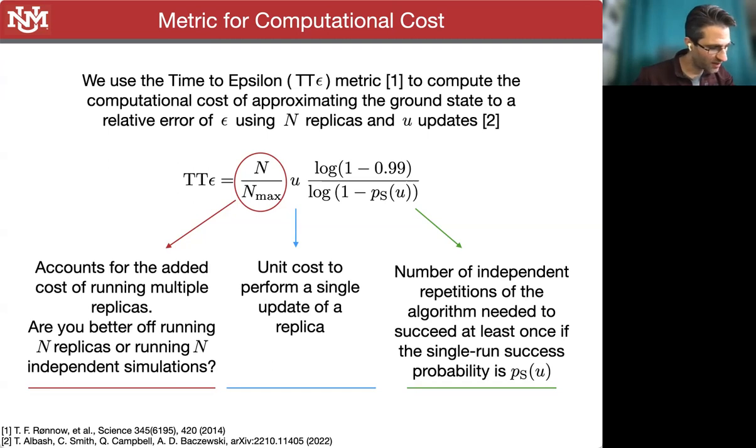So this is the parallelization factor that penalizes you if you use parallel tempering, but doesn't if you don't. And the key is, will the improvement in the success probability because of parallel tempering outperform this factor? Only then will you actually have an advantage to using parallel tempering.